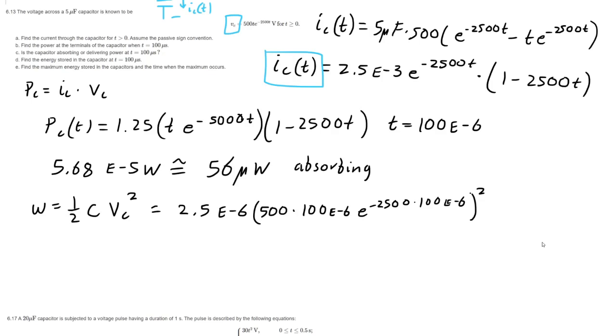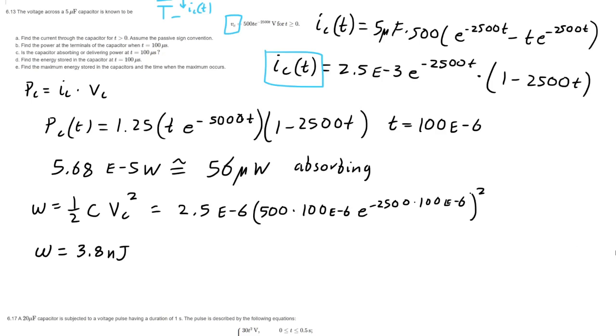Let's punch it in. We end up with the work being about 3.8 nanojoules, or e to the minus 9 joules.